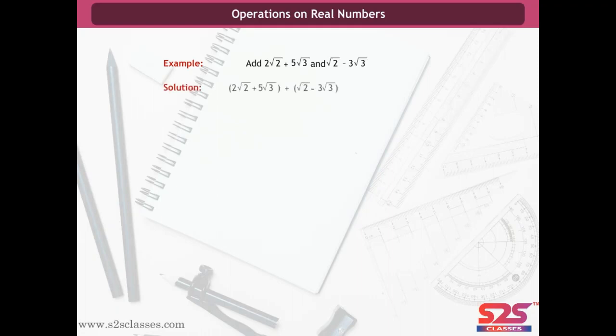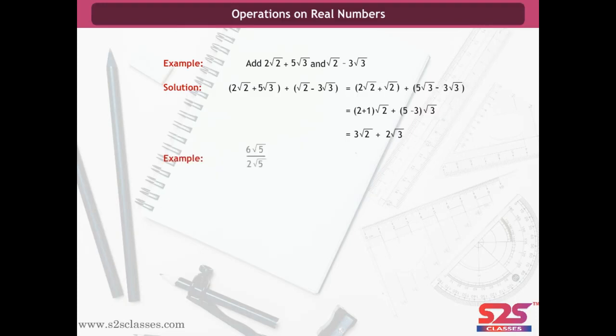Solution: 2 root 2 plus 5 root 3 plus root 2 minus 3 root 3 is equal to 2 root 2 plus root 2 plus 5 root 3 minus 3 root 3, which is equal to (2 plus 1) root 2 plus (5 minus 3) root 3, which is equal to 3 root 2 plus 2 root 3.